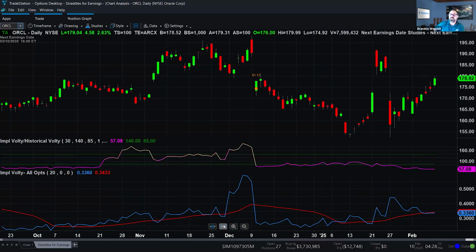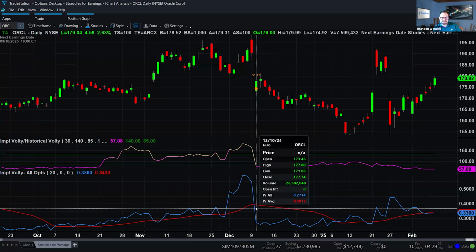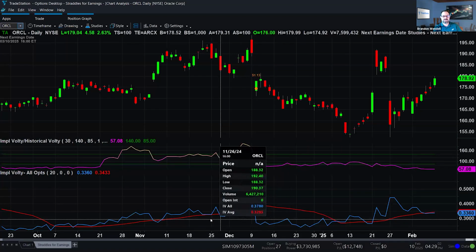Look at that. I probably wouldn't do this one. The overall volatility is too high, so this one is not setting itself up for a good opportunity. But again, the average is somewhat high, but volatility is below the average and is likely to go up. It was right here too. Going back to November, going into December's earnings, the earnings were released December 10th.